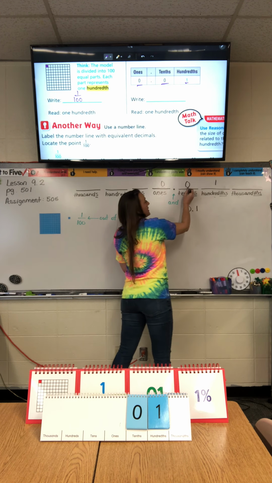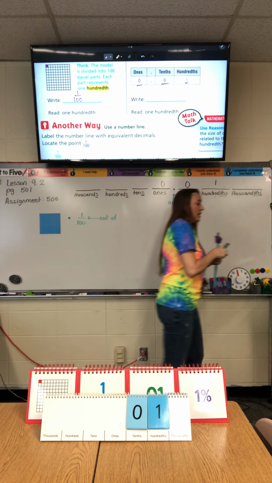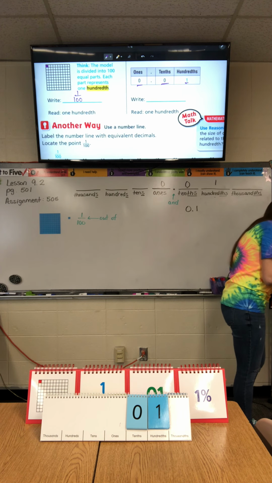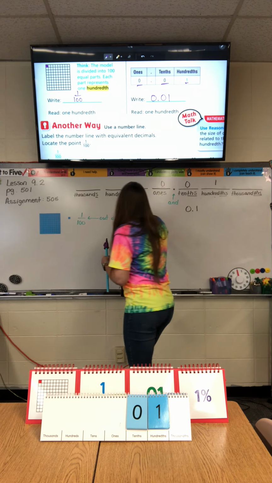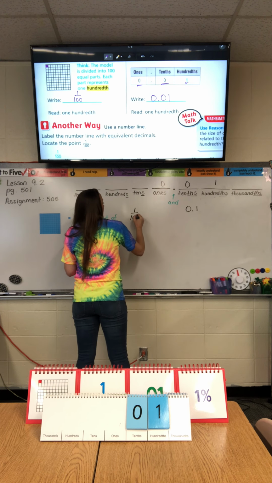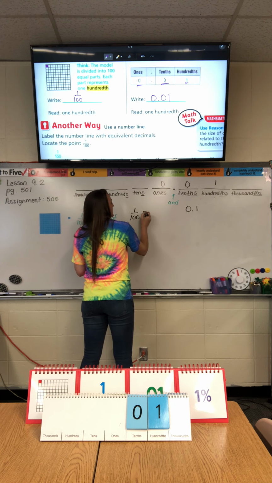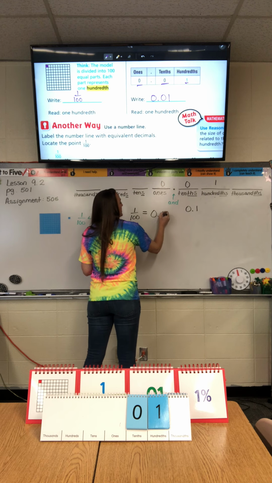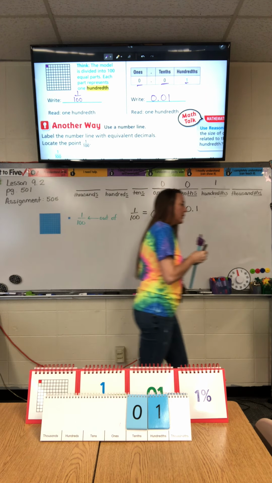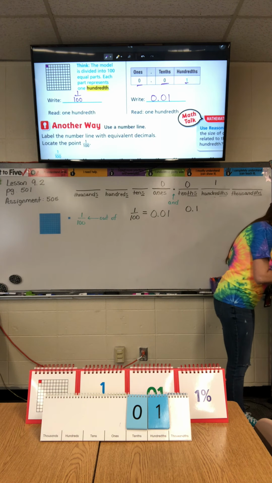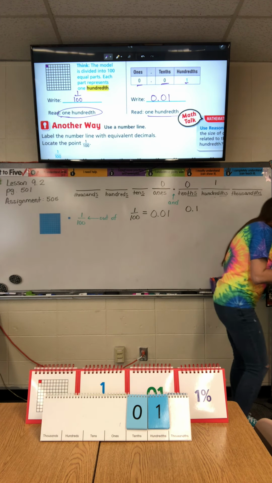So we have to put that 0 in there to mark that place. So 0 wholes, 0 tenths, and then 1 hundredth of a second. So 1 out of 100, or 1/100, is the same as 0 wholes, 0 tenths, and 1 hundredth. On both of those, though, we just read them as 1 hundredth.